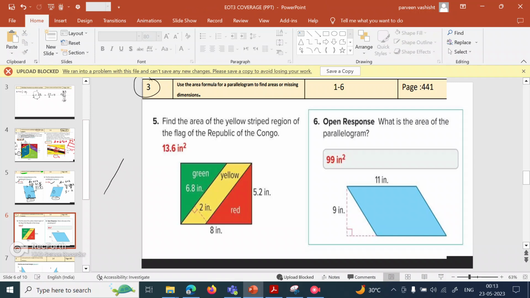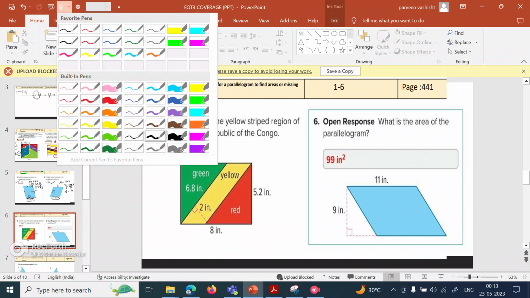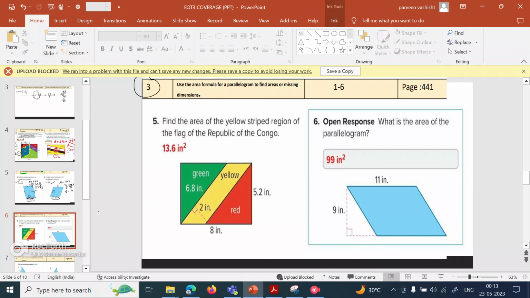Let us take one more time because this figure I'll make it again clearly so that it should be clearly visible to you. I will make the yellow parallelogram like this.